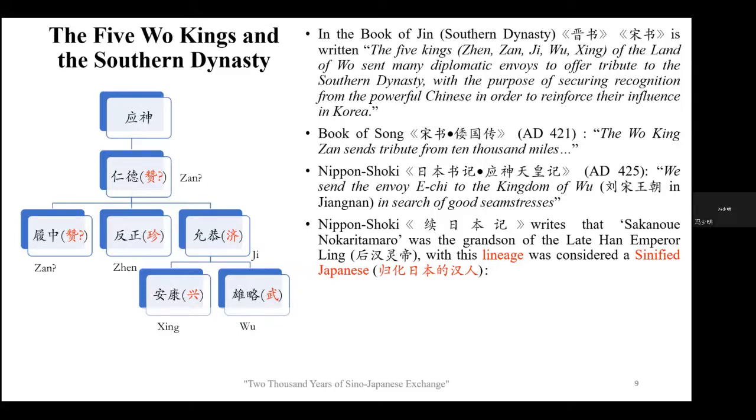For example, the late Sakanoue no Karitamaro was supposed to be the grandson of the late Han Emperor, which means if a Japanese person has Chinese ancestry, you are considered legitimate, right? And we call this a signified Japanese. This is a very important element for the Japanese people and the Japanese culture.